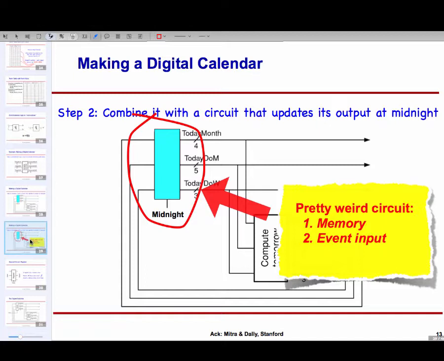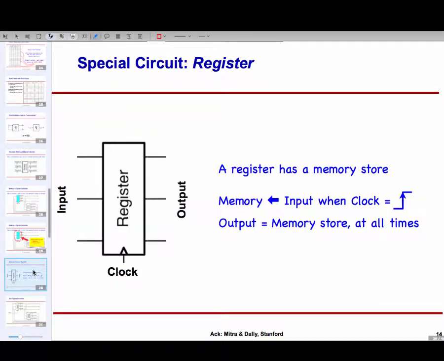And generally speaking, when I connect these two kind of things together, I'm going to get a system which will also have memory. Clearly, this clock shows me today's date, and of course, the display depends upon what happened at the most recent midnight. So the overall system also has memory.